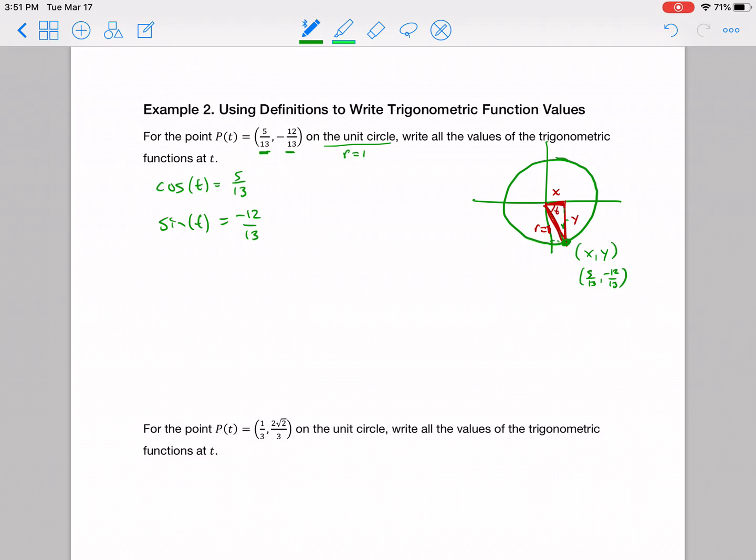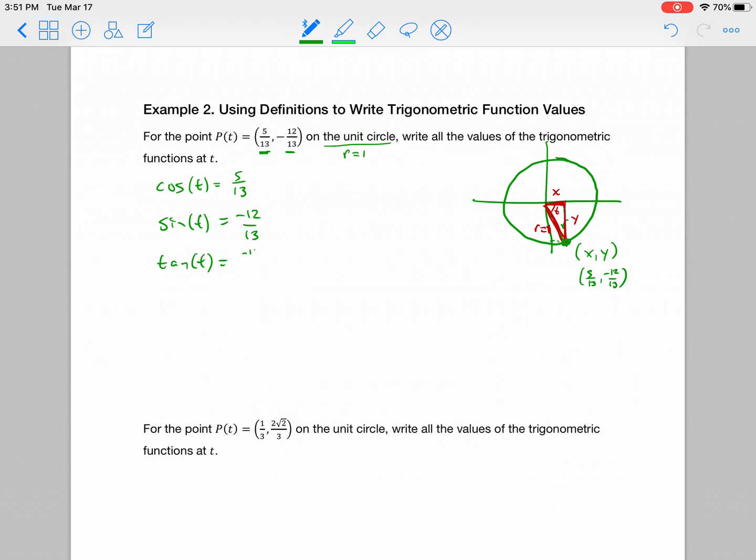-12/13. Tangent takes a little bit of work, but we have to basically do 5/13 over -12/13. Dividing is multiplying by the reciprocal, so this will be 5, oops, I actually wrote that backwards. Hold on one second.